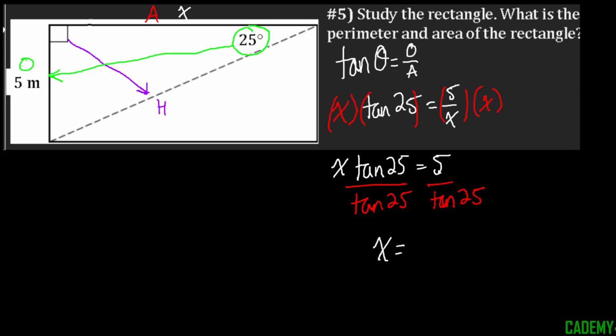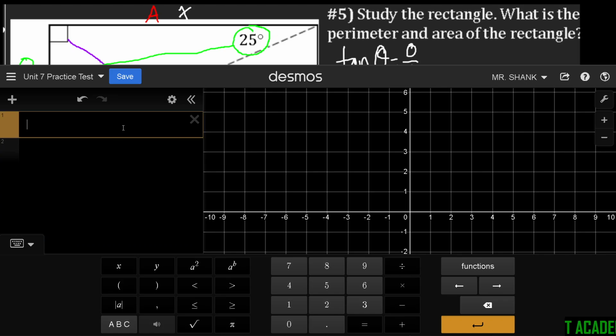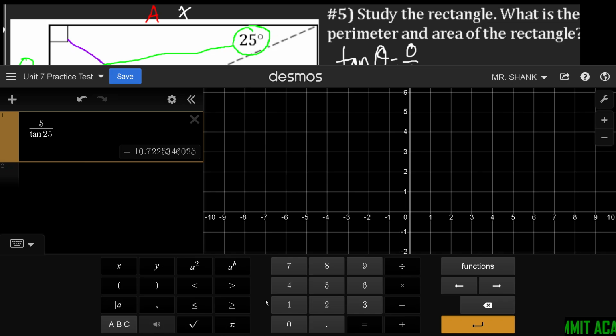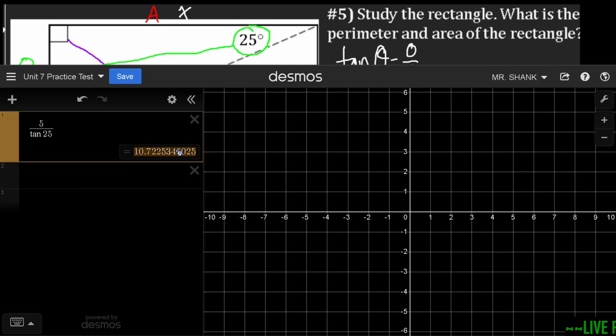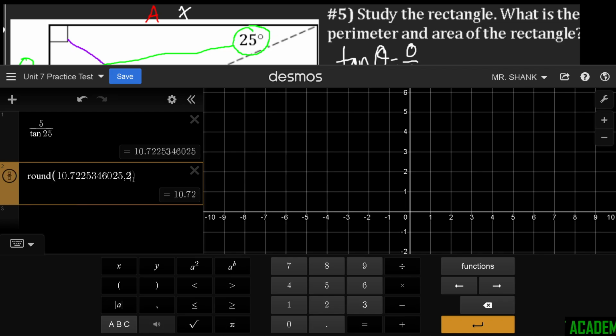I had 5 divided by tangent, so tan of 25. There's our answer. What I suggest you do is round that answer, so I click on it, Control C to copy, and I say round parentheses, paste comma 2. Okay, so it's about 10.72.